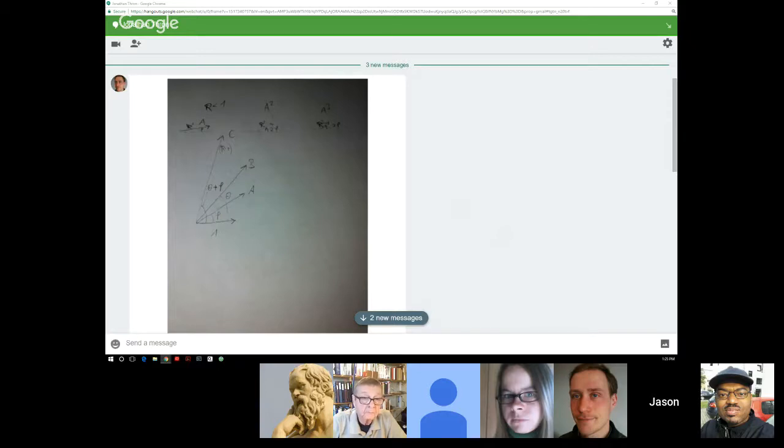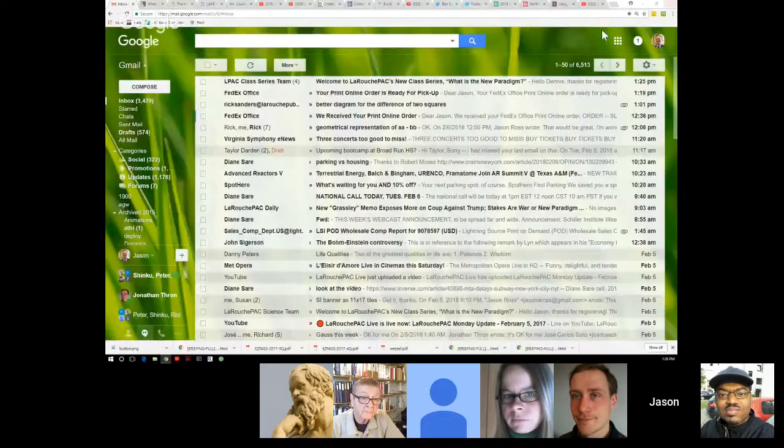So the angle is theta plus phi, and an elongation by small r. So the length of C would be big R times small r. I hope that's visible there. Yeah, I think so. Right. Yeah, so the angles get added and the lengths multiply.